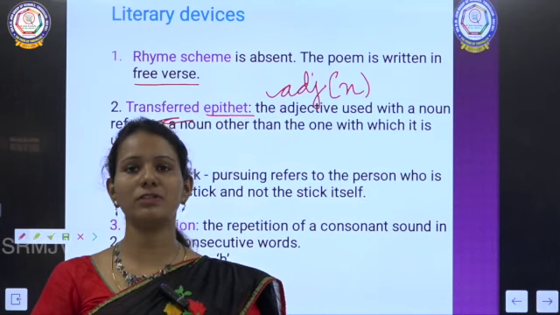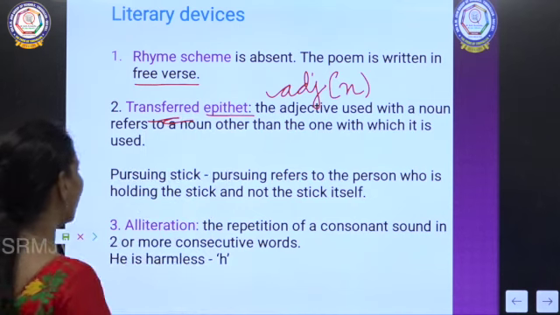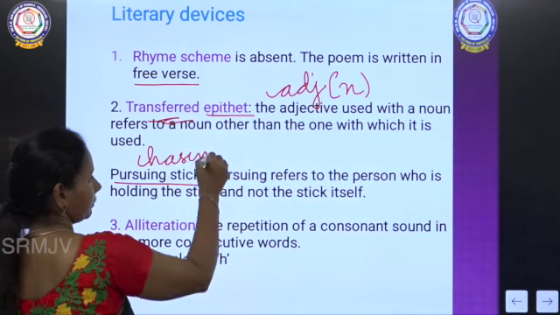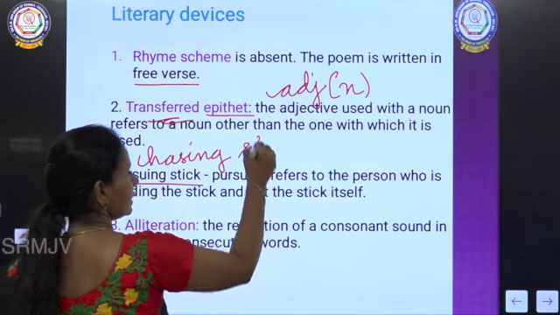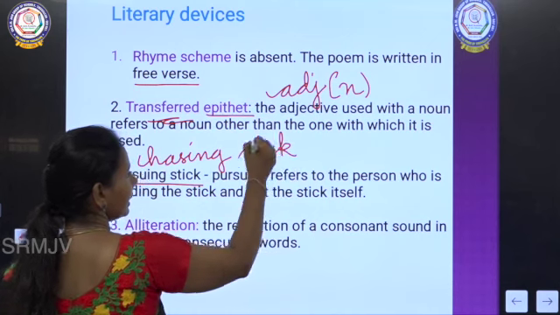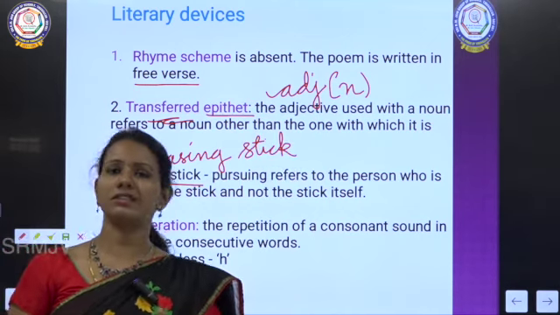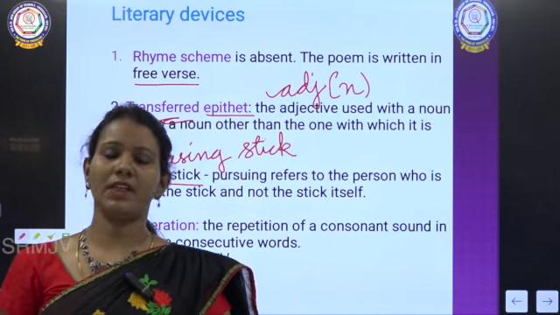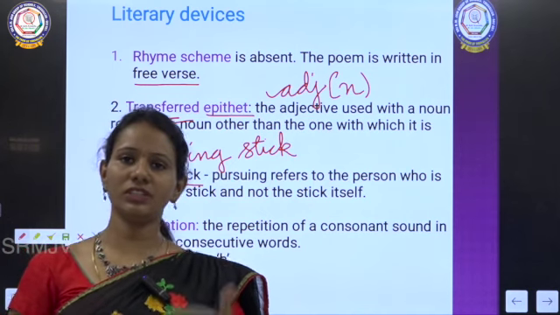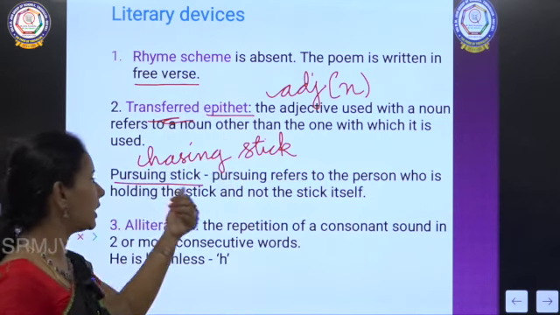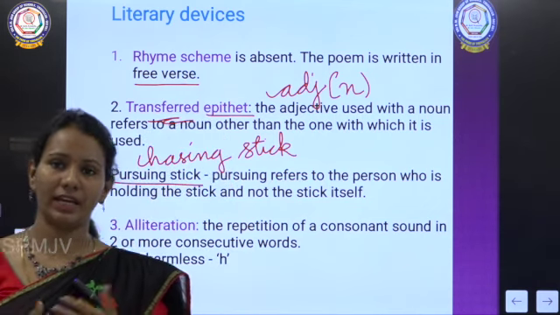Here, pursuing stick. Pursuing means chasing. So, for understanding purposes, let us take it as chasing stick. Here the stick does not chase the snake. The people who have the stick chase the snake away. So, here pursuing stick is a transferred epithet.